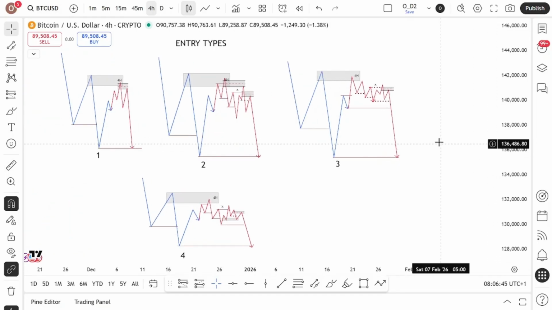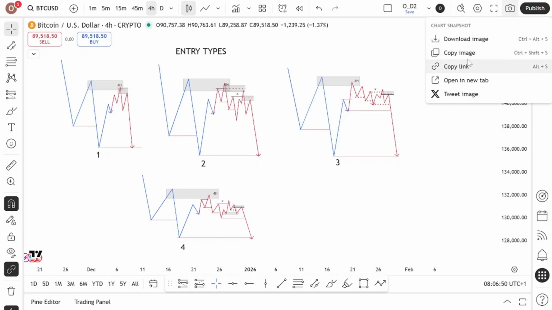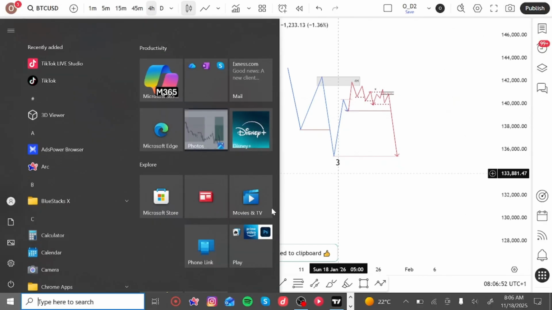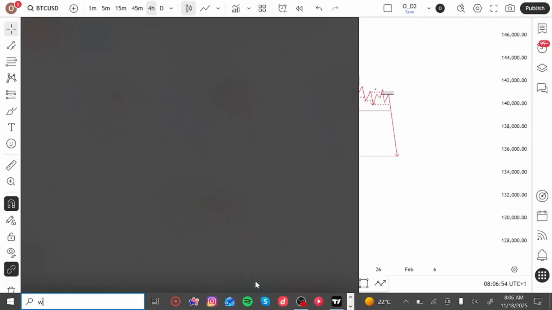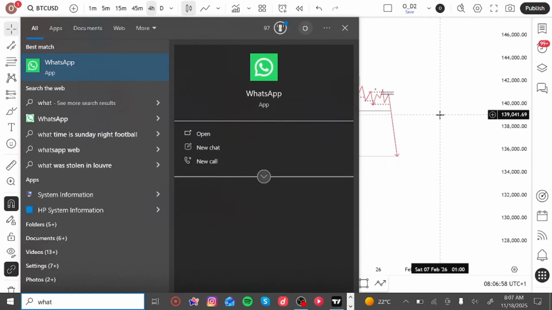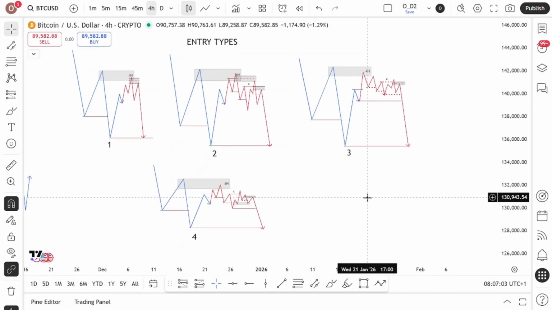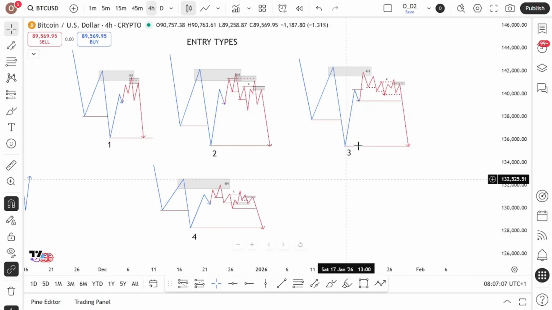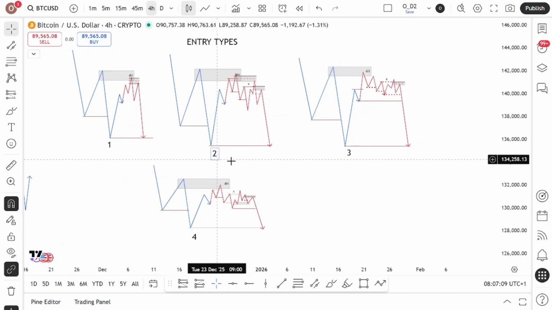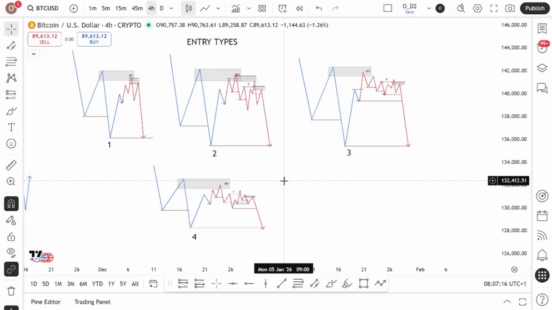So I'm also going to be taking a screenshot of this and sending it to my guys on WhatsApp. I'll be doing that after the end of this course. So from here, I'm going to be showing you guys a live example. I think BTC precisely did a lot of this inducement entry model for this month, right?